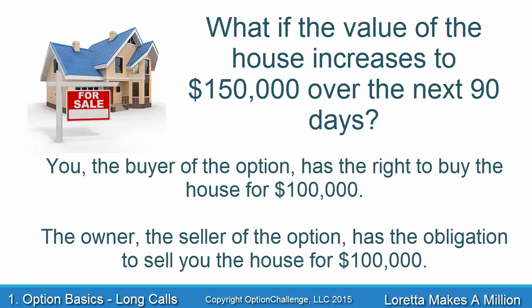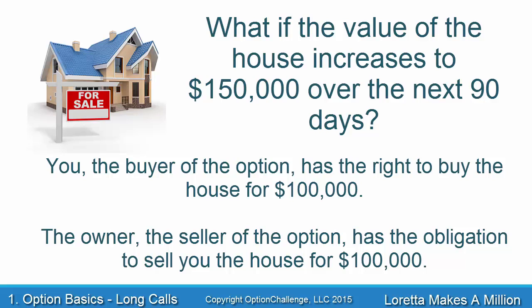You have the right to buy the house for $100,000. The owner sold you the option and is obligated to sell you the house for $100,000, even though the market value is $150,000.